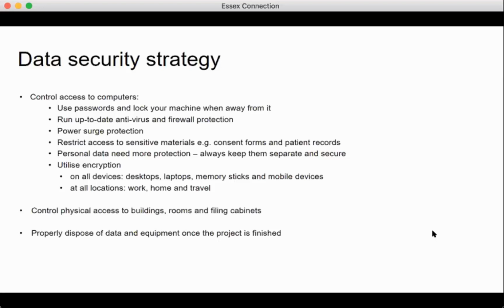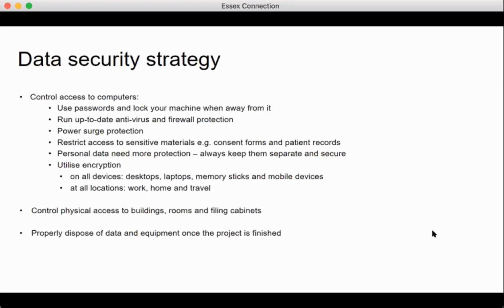So controlling access to computers by using secure passwords and encryption ideally, as we saw before, locking our computers when away, ensuring that our antivirus protection is up to date, and that we protect our computers from power surges that might render them useless as well. That's another thing to think about. Right, restricting access, particularly to sensitive and personal information, is essential.